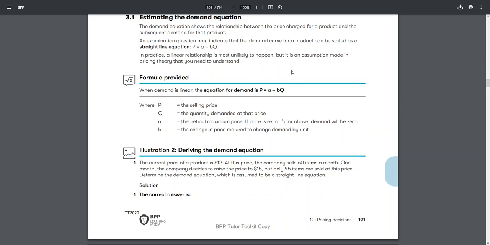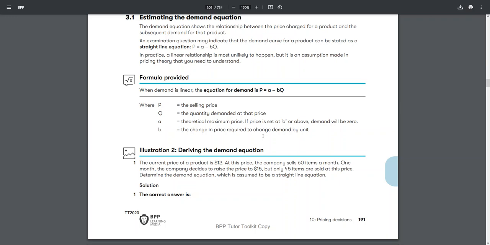So the demand equation is P equals A minus BQ. P is the price that we are finding, Q is the quantity, and A is the price at which demand is going to be nil. So what is the price at which demand is going to be zero? Remember, when we increase price, demand is going to decrease.